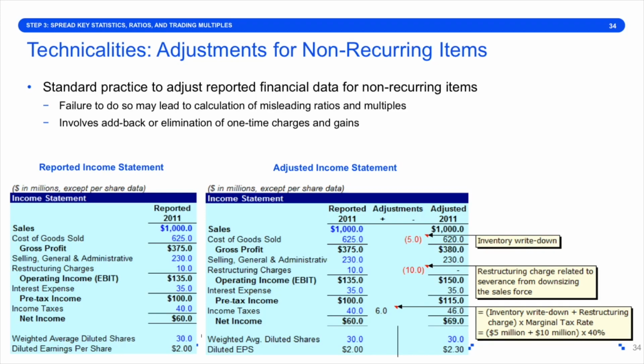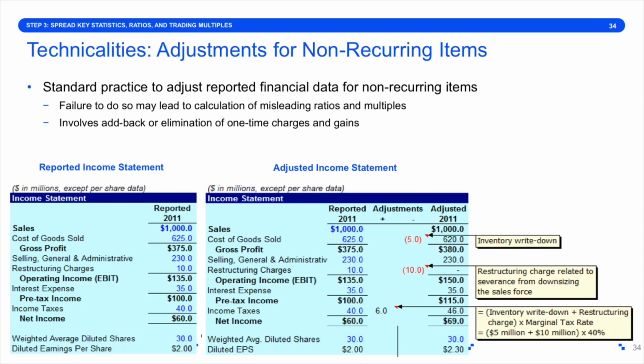So I fired some salespeople, to put it bluntly, and I had to pay $10 million of severance packages, severance pay, etc. Again, that's extraordinary, non-recurrent, so it should not affect my situation. So what we should do, and what your Excel spreadsheet helps you to do, is just to eliminate those costs.